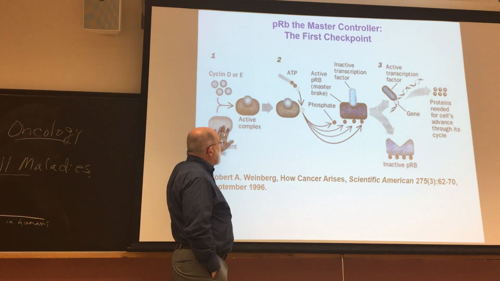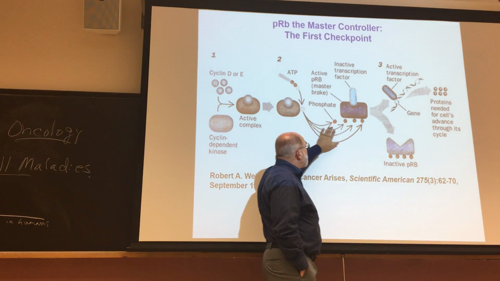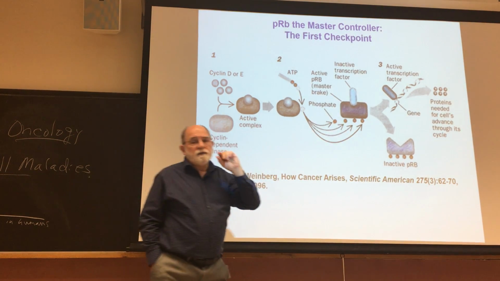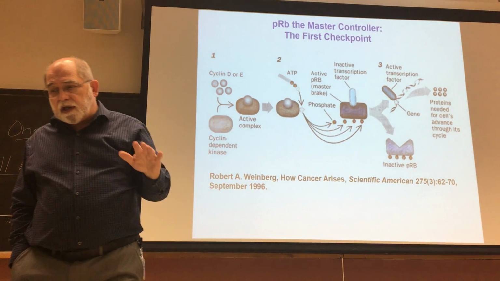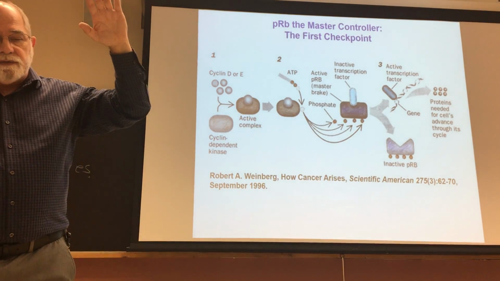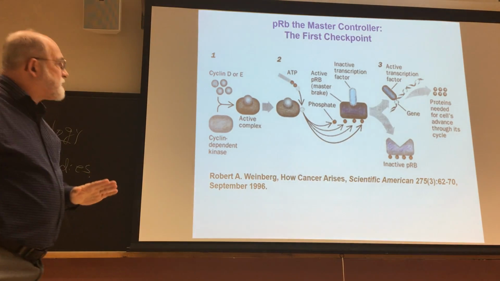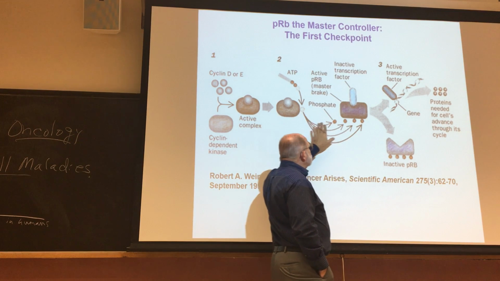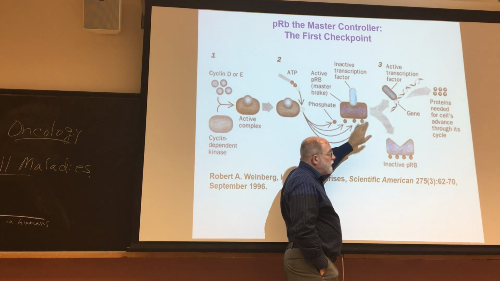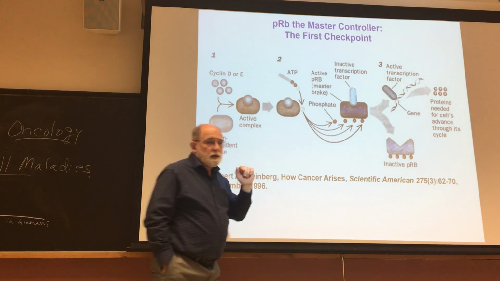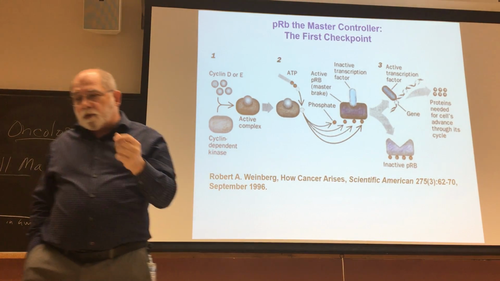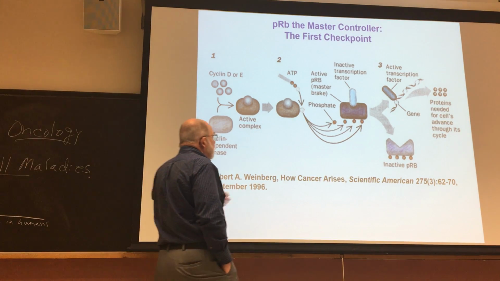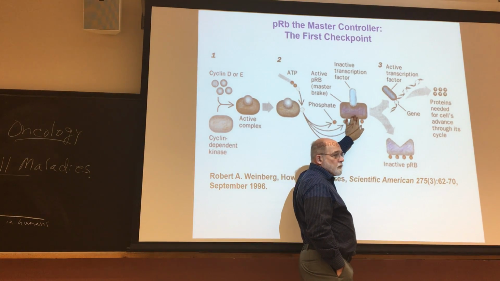In addition to this active complex potentially phosphorylating RB, you can have phosphorylation cascades from several different growth stimulators that are acting on the outside of the cell that tend to stimulate phosphorylation of this protein. You can also get growth inhibitors, which will tend to maintain it in a non-phosphorylated state.